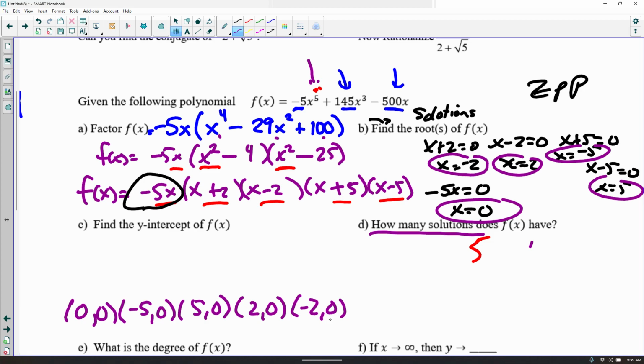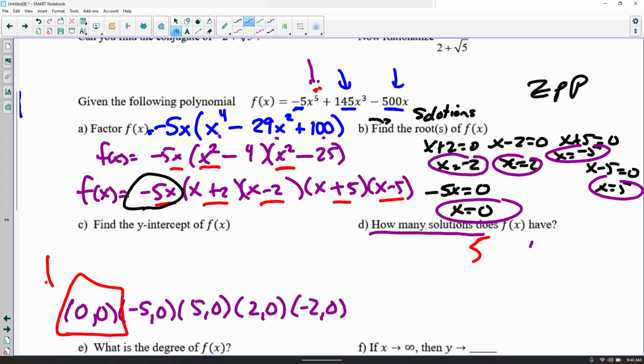It's too much fun. All right, now, here are my intercepts. Anybody know anything special about this one? All right, that is the origin. What's really, really special about it? It's the y-intercept.